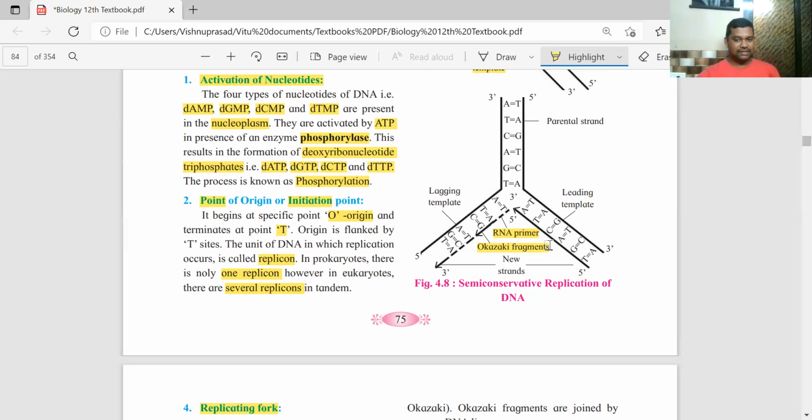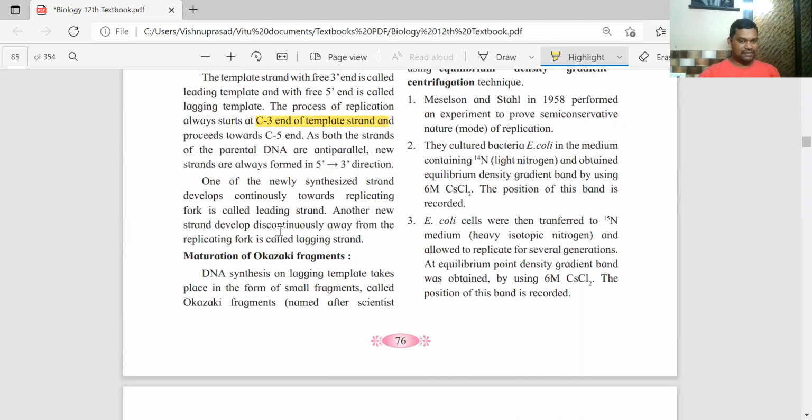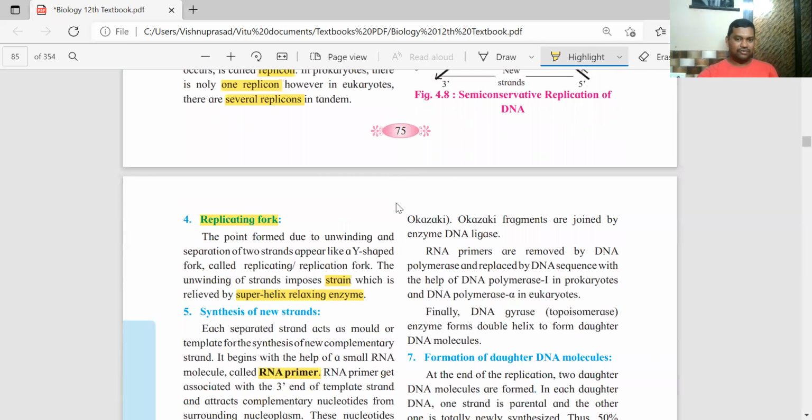Okazaki fragments will match. पूरा आधा बन जाएगा तो जोड़ देंगे. There was a scientist who discovered this, whose name was Okazaki. Fragments बनेंगे Okazaki fragments. Then those fragments are joined, and for that the enzyme is DNA ligase.